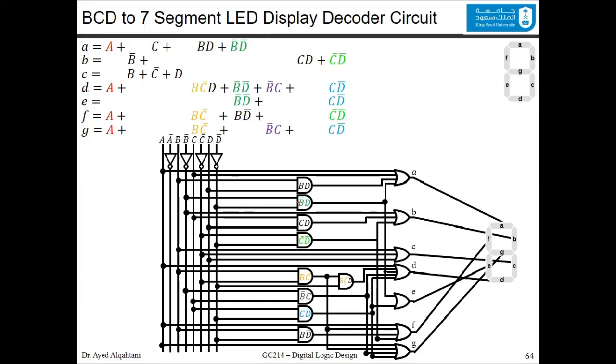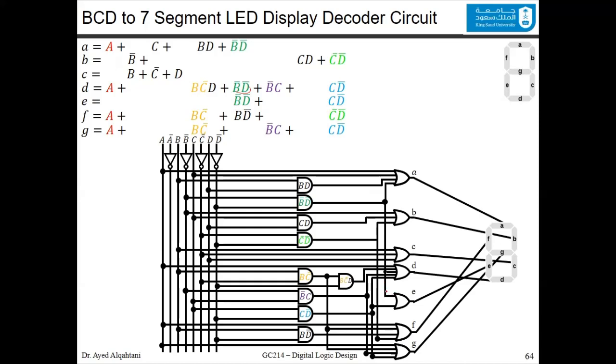And you can see that because B bar D bar is shared among other segment functions like D and E, it's also taken for D and E, as you can see in the block diagram.